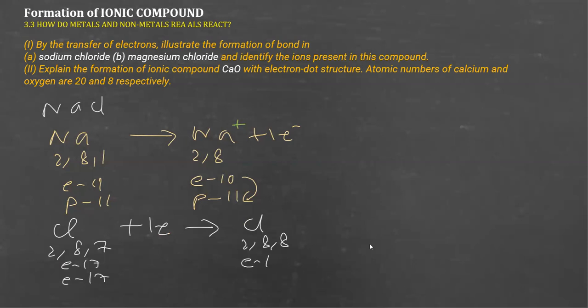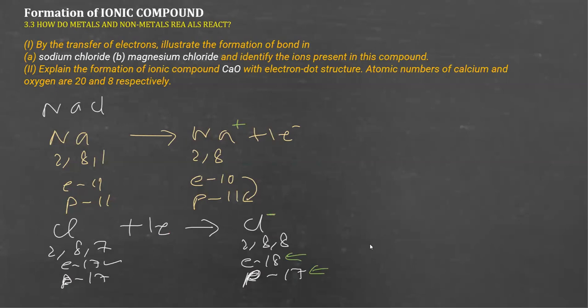The number of electrons was 17 earlier, now it is 18. The number of protons, as I said, does not change in any chemical reaction, so it will remain 17. We observe here that it has one extra electron than the number of protons, so it will carry 1 unit of negative charge.